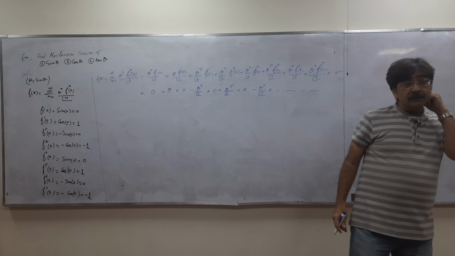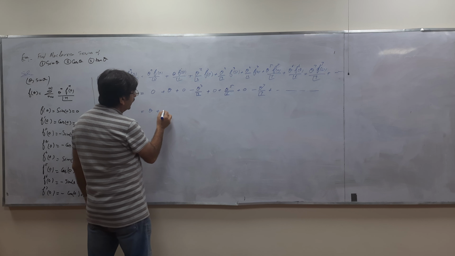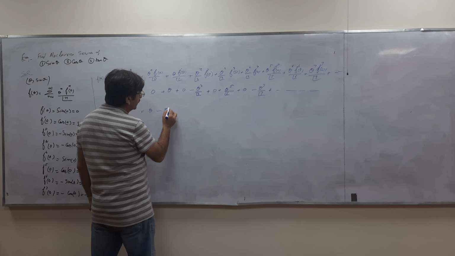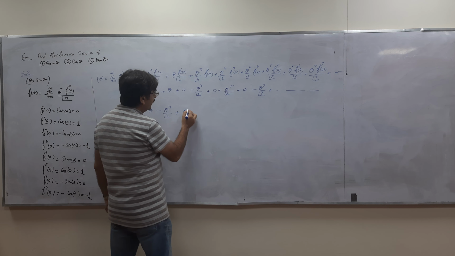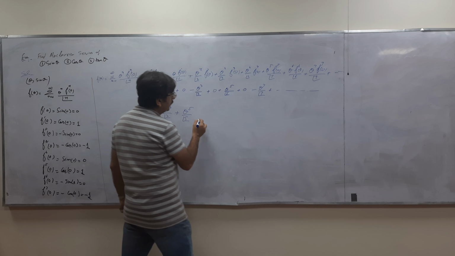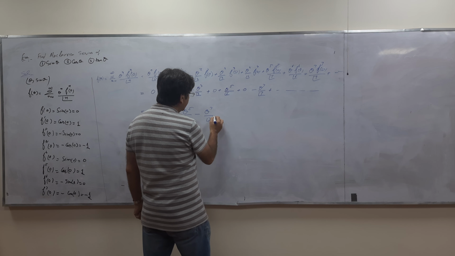In short we may write it in this way: theta minus theta cubed over 3 factorial plus theta 5 over 5 factorial minus theta 7 over 7 factorial, plus and so on.